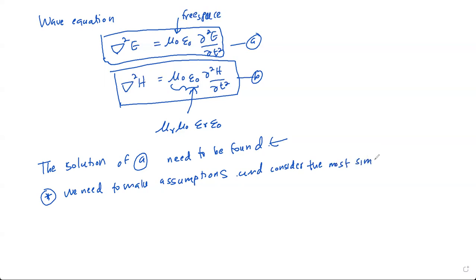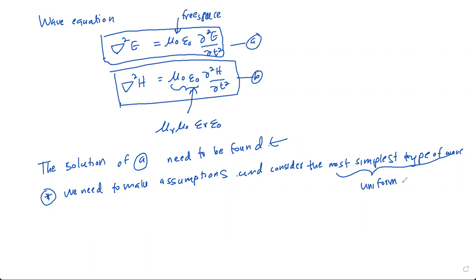What is the simplest type of wave? The simplest type of wave is the uniform plane wave.